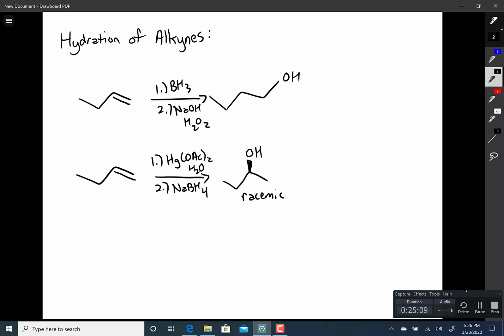There are versions where essentially we're adding H and an OH across an alkene. Well, you can do the same thing across an alkyne.